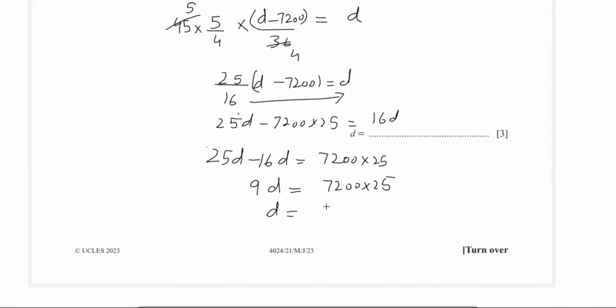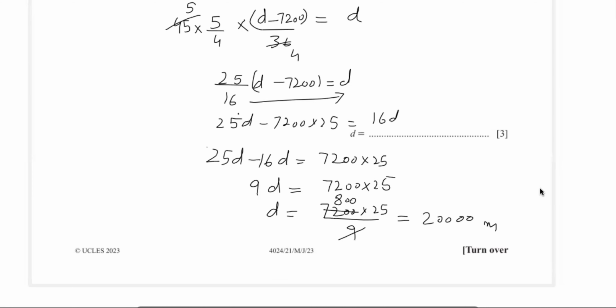Now d will be equal to 7,200 multiplied by 25 over 9. Now 9 times 8 is 72. And 9 times 0 is 0. 9 times 0 is 0. 25 times 8 is 200. And 0 is written as it is. Therefore, 20,000 meters is the total distance.